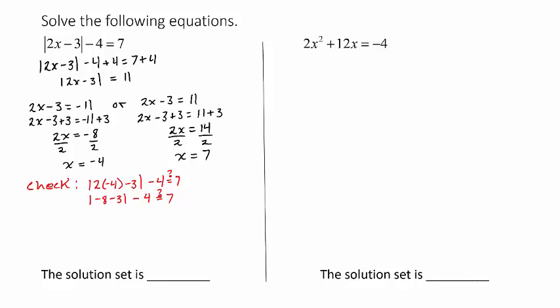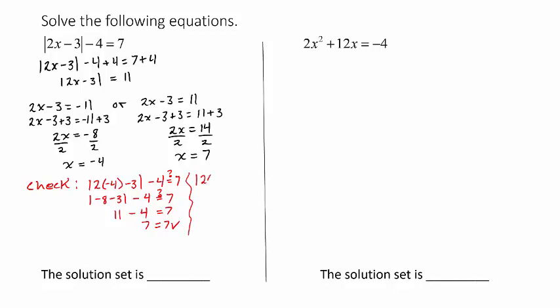Negative 8 minus 3 is negative 11. What's the absolute value of negative 11? Positive 11, right? Minus 4, is that equal to 7? It is, indeed.